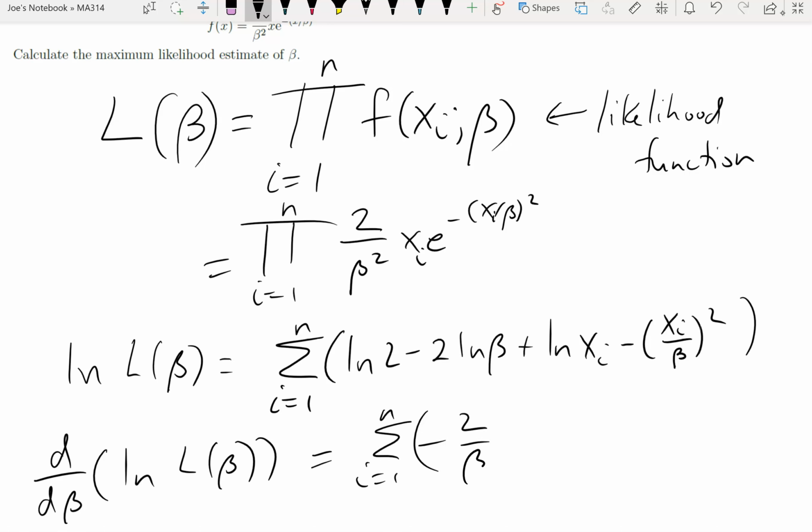We get -2 over beta, and then this part, that's just x sub i squared over beta squared, becomes plus 2 x sub i squared over beta cubed. Can we differentiate that? Because it's x sub i squared beta to the -2.